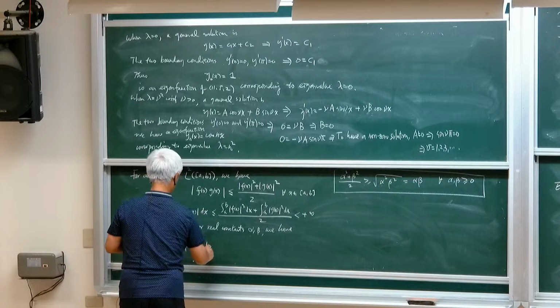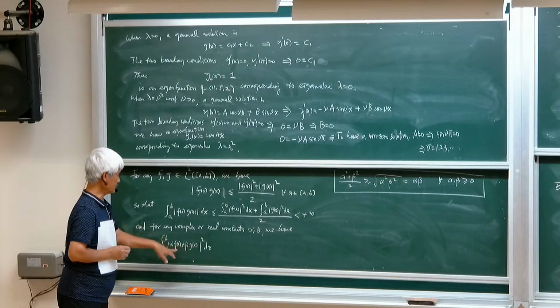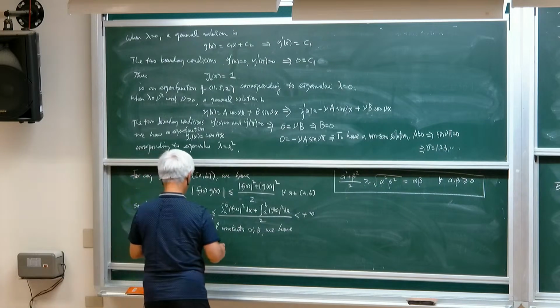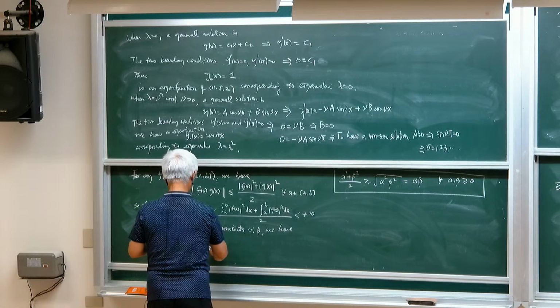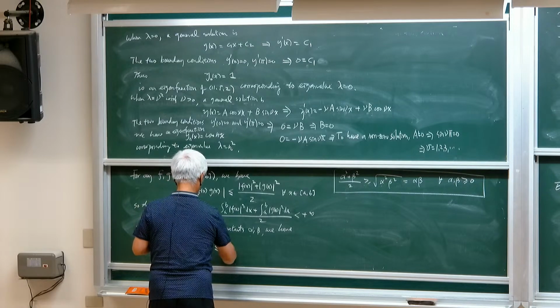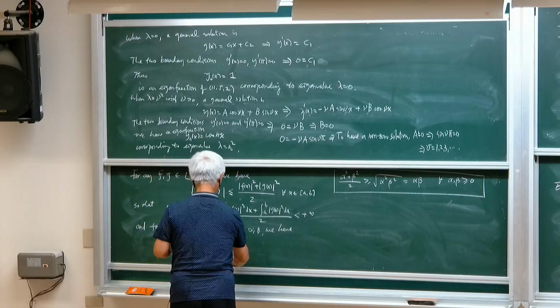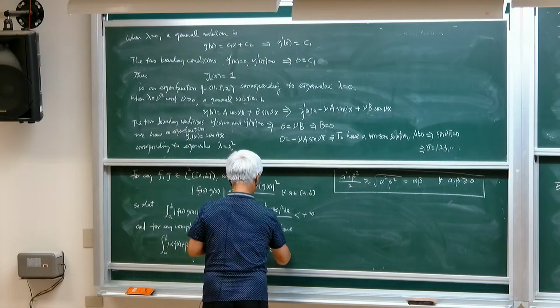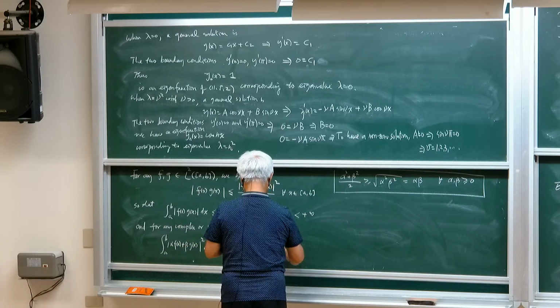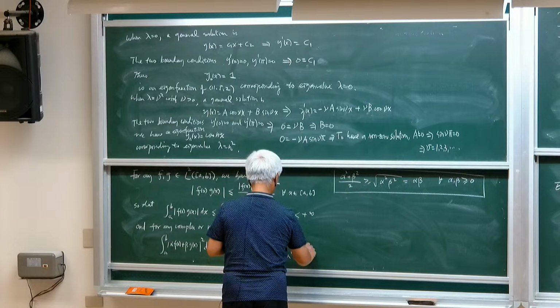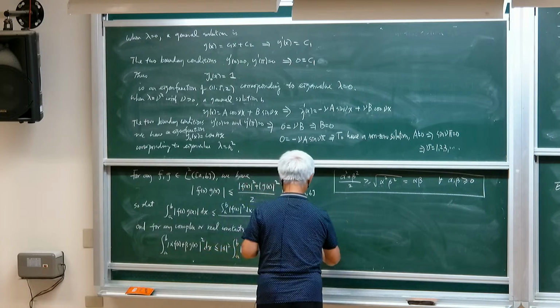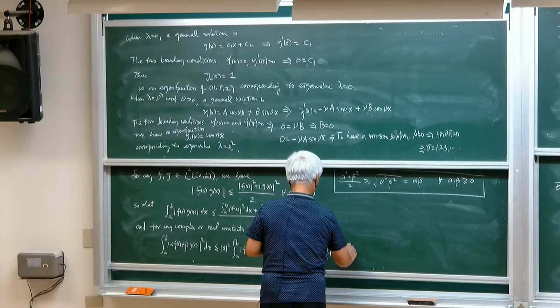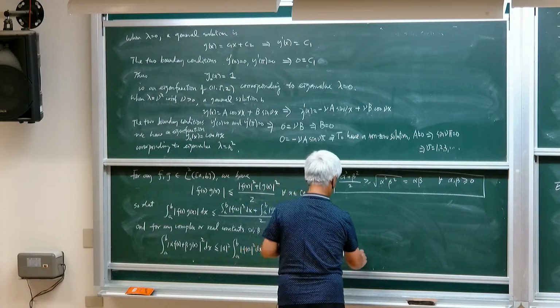Okay, so we consider the square of the absolute value of the linear combination, and so this can be written down as the integral over [a,b] of alpha squared f of x squared dx plus 2 alpha beta times the integral over [a,b] of f of x g of x dx plus beta squared times the integral over [a,b] of g of x squared dx.